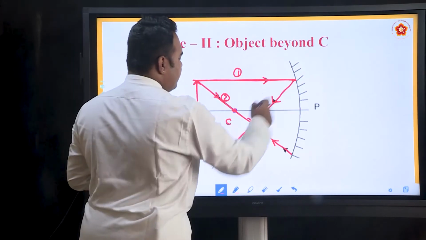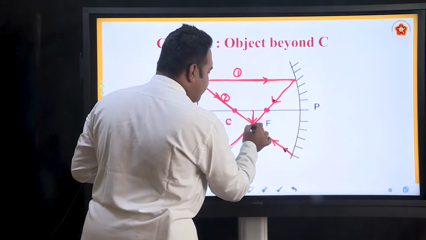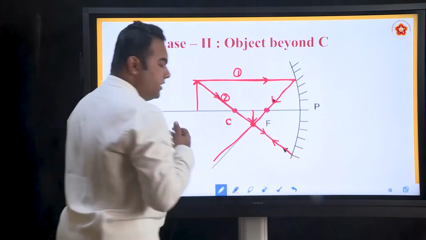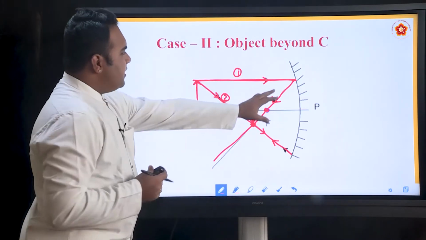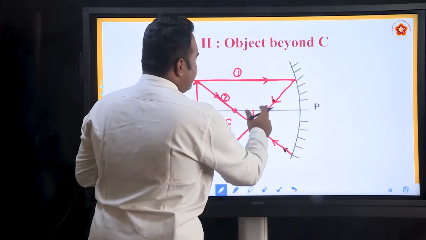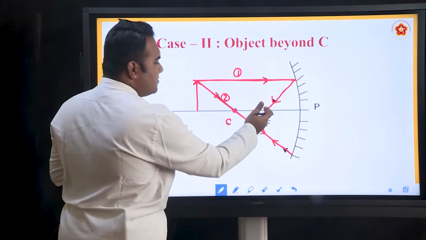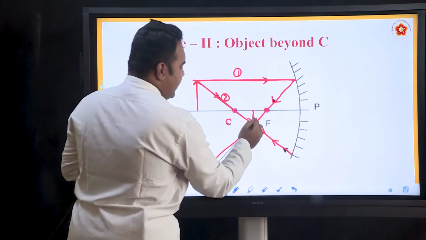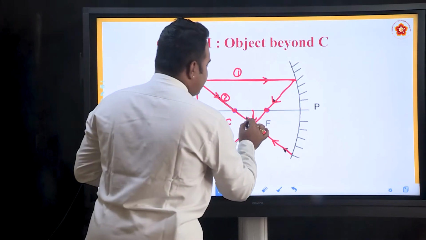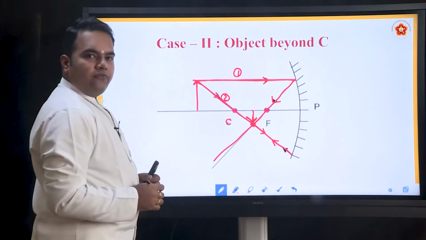This particular ray of light and the second ray of light converge at this point, which means they are not falling at the focus. Initially when the object was at infinity, all of them passed through the focus. Now, when the object came nearby, these points are not falling at the focus, but between C and F. Anyway, if you draw, you will be able to get that this will be between C and F.